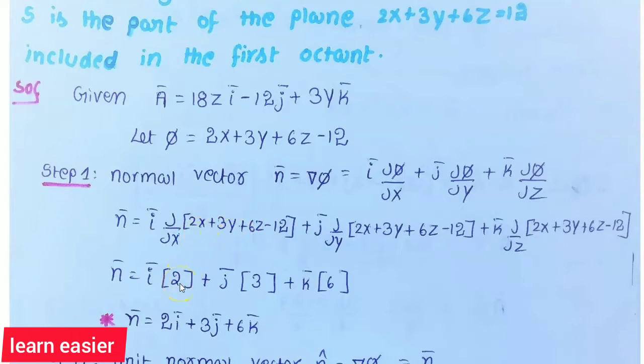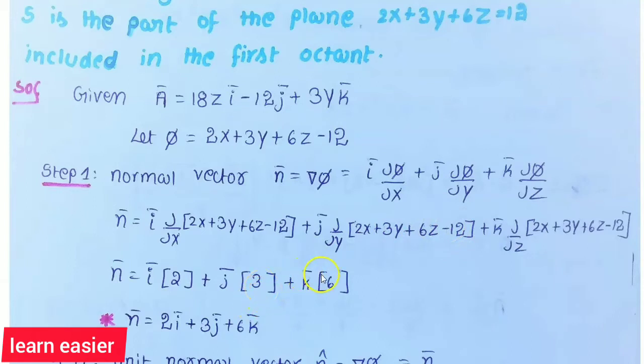So we get i bar into 2. Now differentiate with respect to y, taking x and z as constants. The first term has no y, so its derivative is 0. Here we have 3y, and the derivative of y is 1, so we get 3, and the remaining terms are constant, so 3 plus 0 is 3.